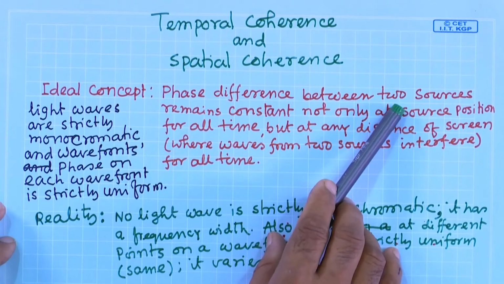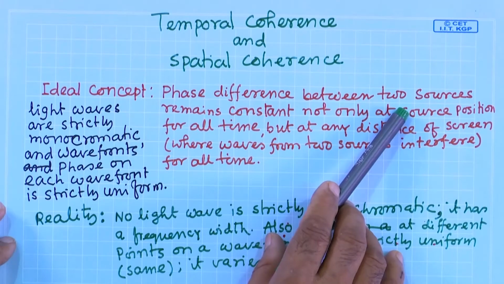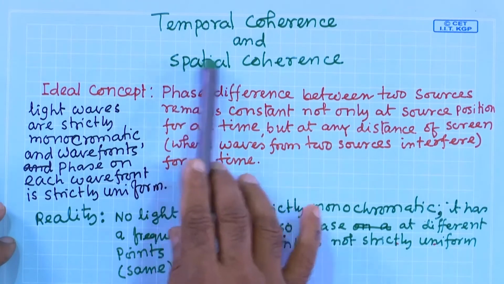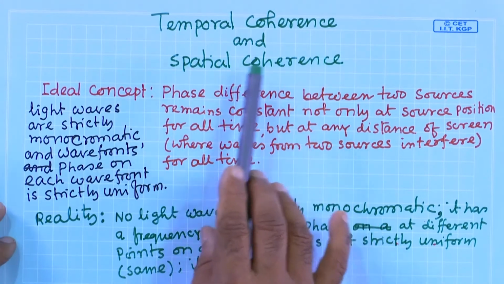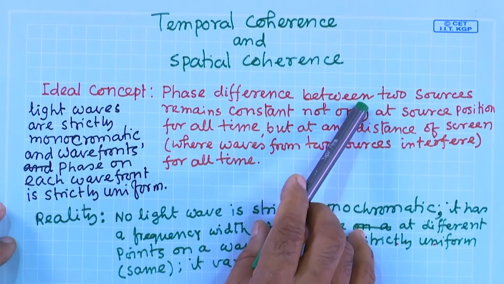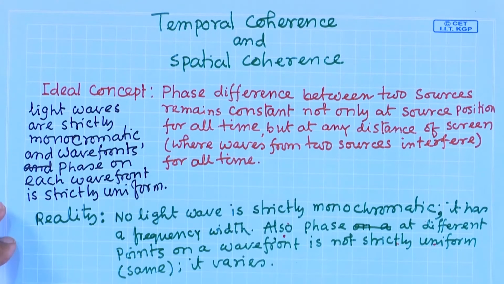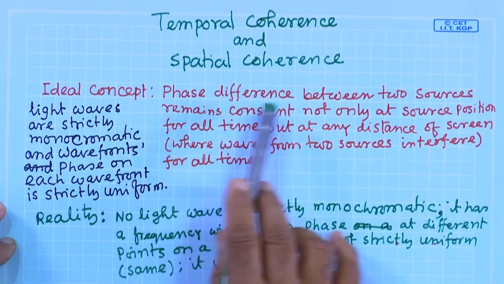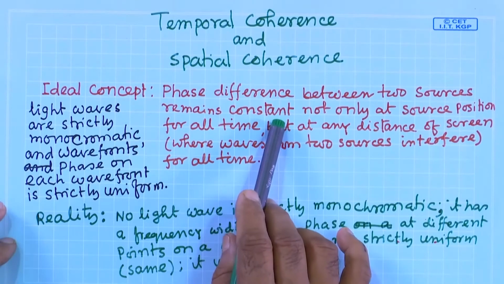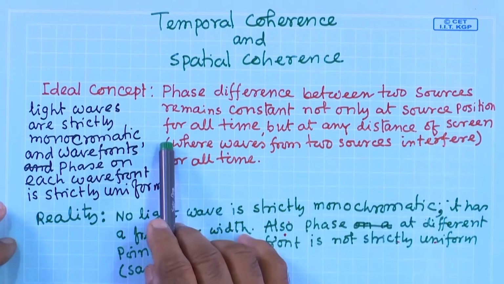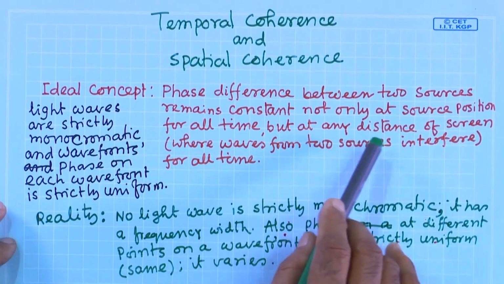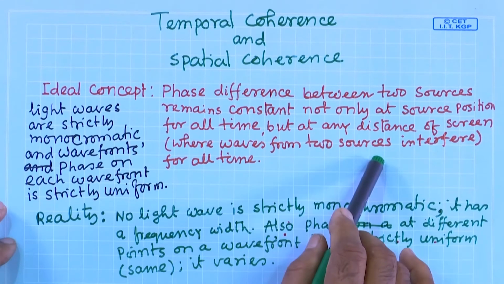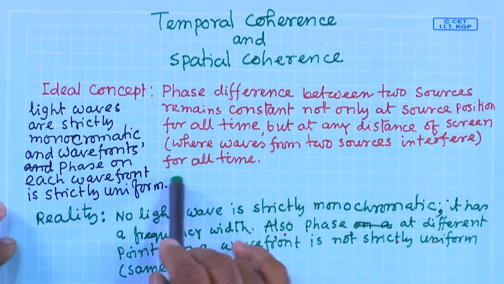To understand and realize that, we express it in terms of these two types of coherence: one is temporal, another spatial. So, the ideal concept is that the phase difference between two sources remains constant not only at the source position for all time, but at the distance of the screen where waves from the two sources interfere, for all time.